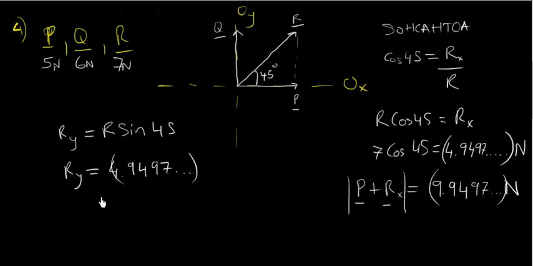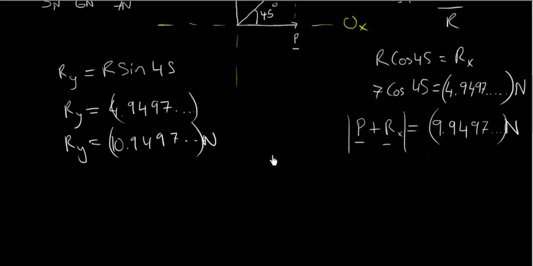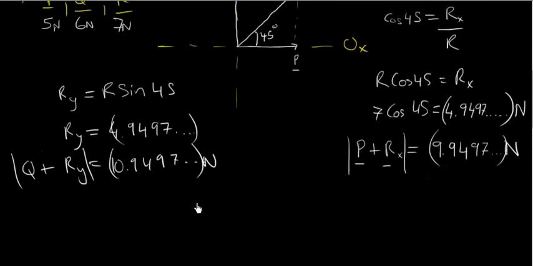Here we're going to add that to the Q, which is originally 6, so we're going to get 10.9497 blah blah blah. Sorry, that's not Ry, that's Q plus Ry, the magnitude of Q plus Ry, and we know that the directions are those two.